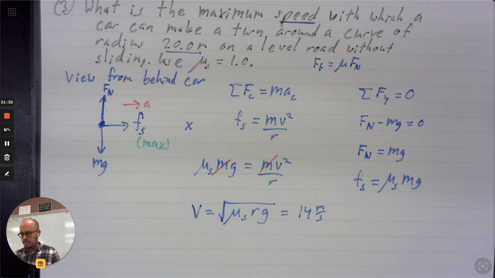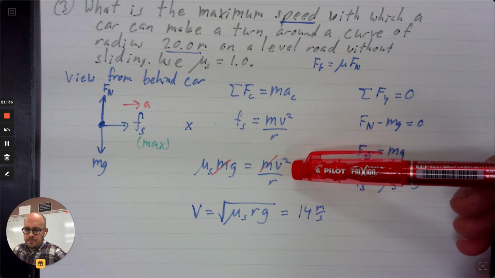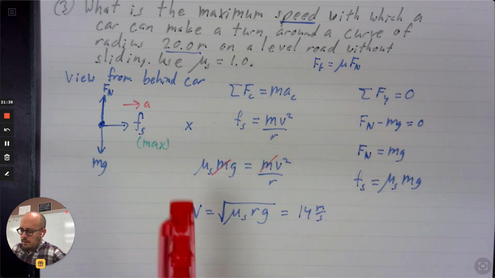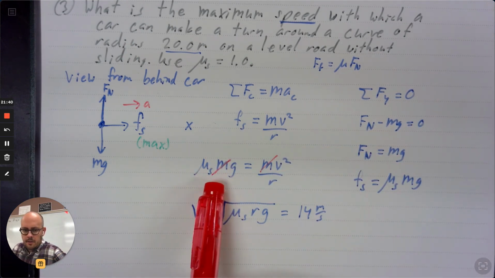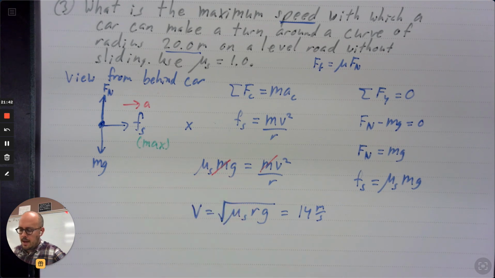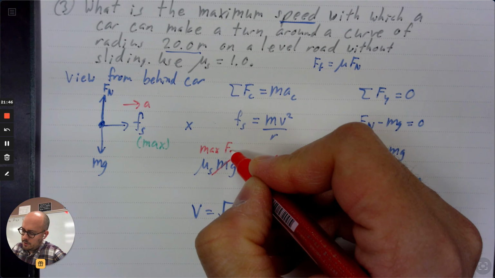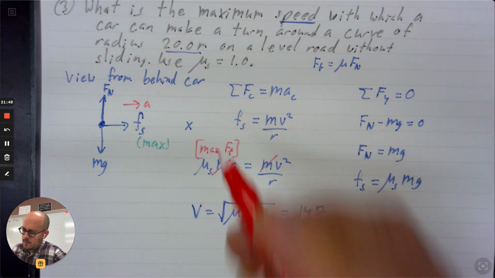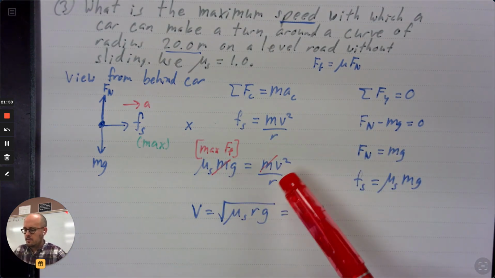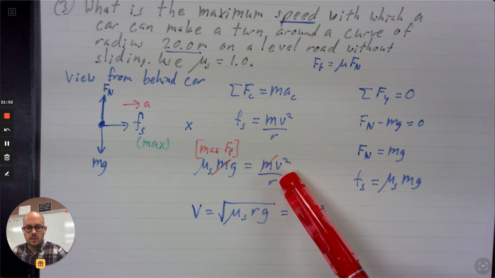But back to the concept, if we stop here, we say, okay, this is a finite value. This represents the maximum. So maximum static friction force, and then this represents the net force associated with it.